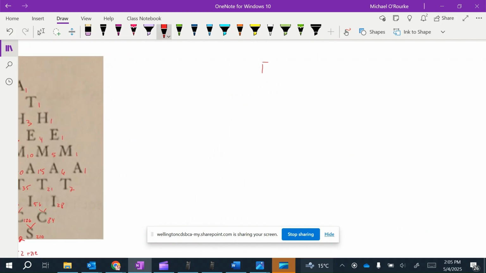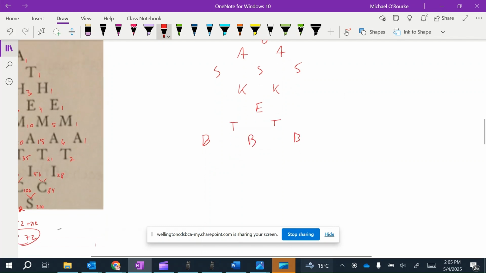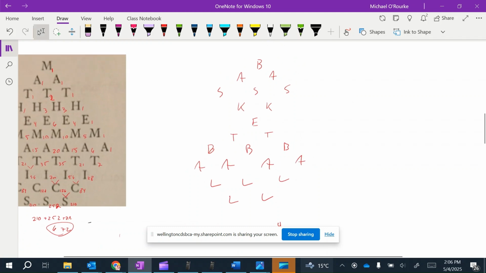Now we could do something like this. Let's make one of ourselves. Here's one. Basketball.